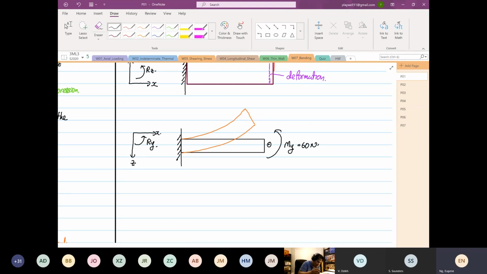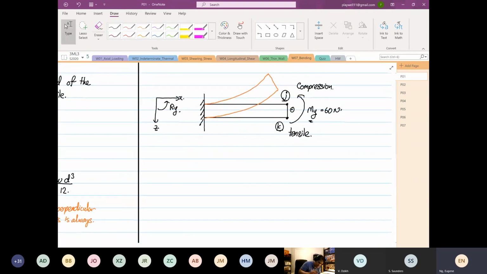And as I taught you before, while looking at the moment vector, you know that the head of the arrow will be under compression. The tail end of the arrow will be under what? Tension. Okay. So I'm going to call this point J, and I'm going to call this point K. So the formula that we're going to use, the stresses we're going to find is in what direction?